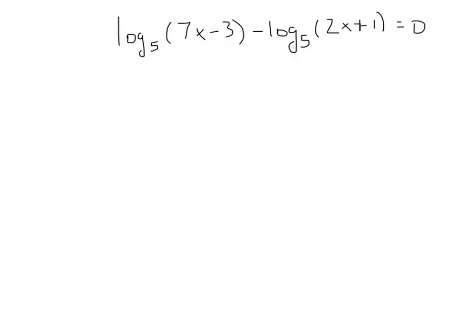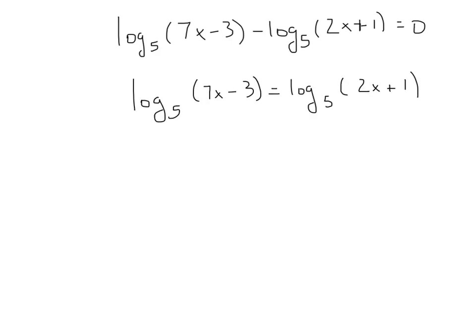So here we have another logarithmic equation. This one's a little bit more complicated because there are two logarithms in it. Fortunately for us, we do notice that both of the bases are the same, and the other fortunate thing is that the equation is equal to 0. So for this one, the first step I can take is I can actually add log base 5 of the quantity 2x plus 1 to each side. So when we do that, we're in this really great situation where we've got one logarithm base 5 is equal to another logarithm base 5.